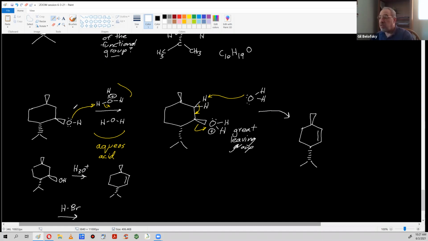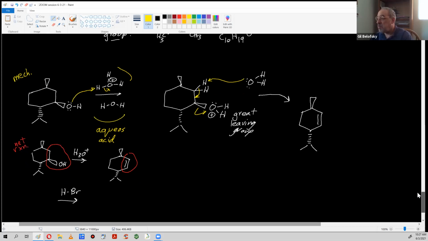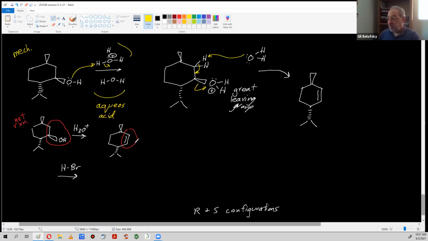We studied this reaction and pointed out the key changes occurring here. So this is what you would call the net reaction, and above is the mechanism, which is intended to help aid in remembering and understanding.